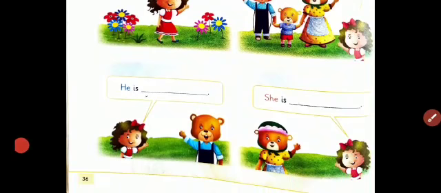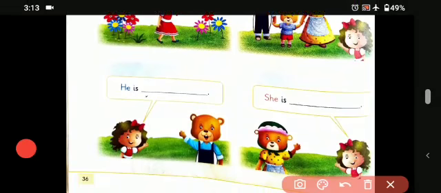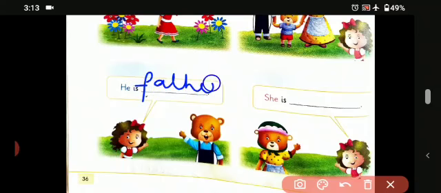So the first one is, he is a father bear. So we'll be writing here, father bear. And she is a mother bear. So she is mother bear.